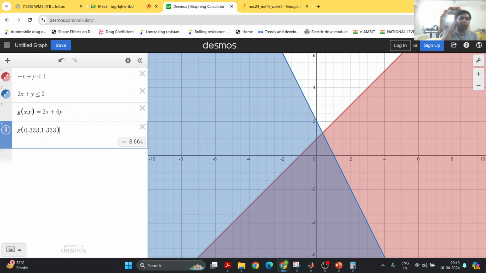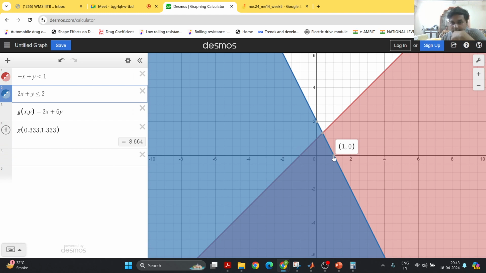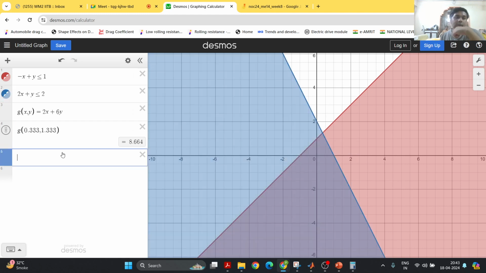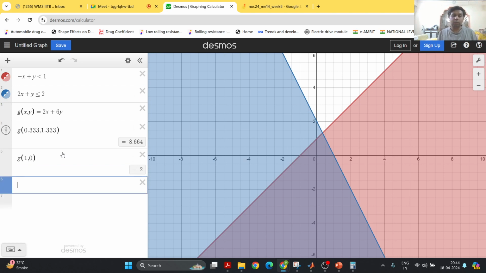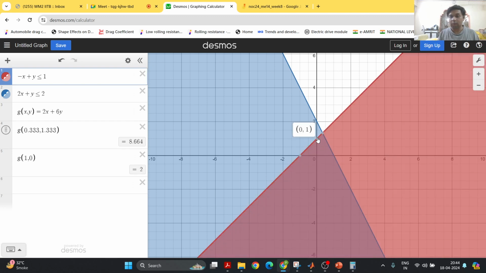So it calculates the objective function value also. Yeah, you can put the next corner point. So 1, 0. It's 2. And then for this point, it is 0, 1.